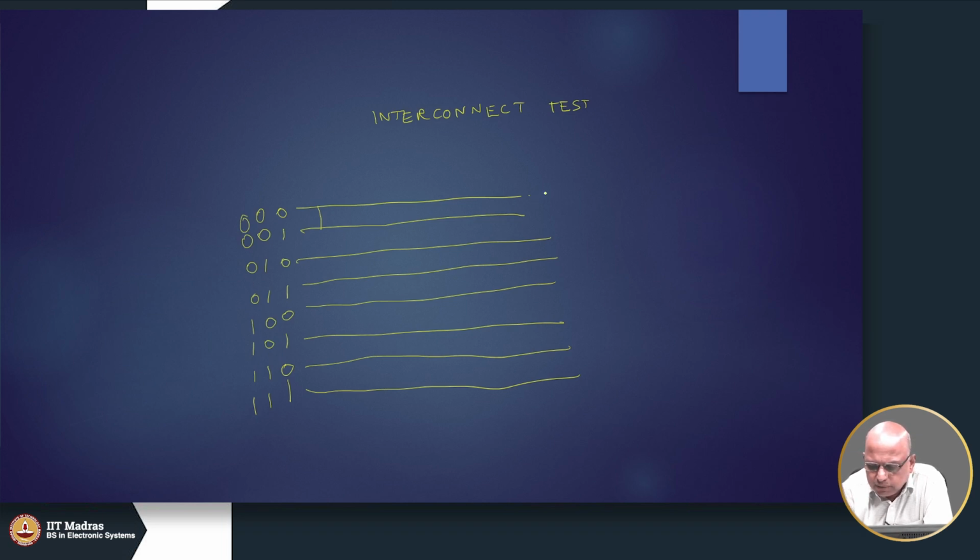So initially, let us say we, in these registers that are here, we want to transport a 0. So, before we transport, we can put a 1 here. So, let us say we put all ones.